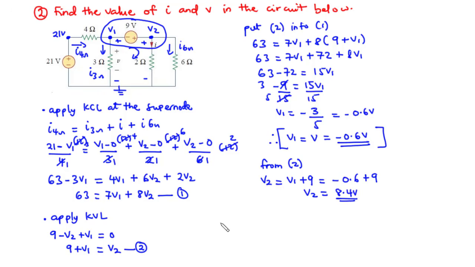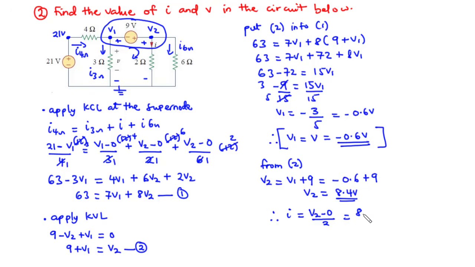And then we know that I happens to be the current flowing through the 2 ohms resistor, and the voltage at this node is V2. So therefore we have I equal to V2 minus 0 divided by 2.